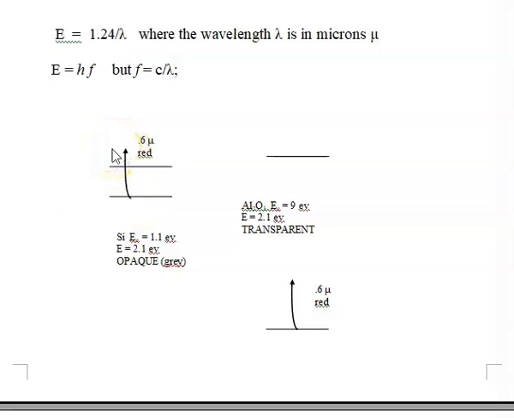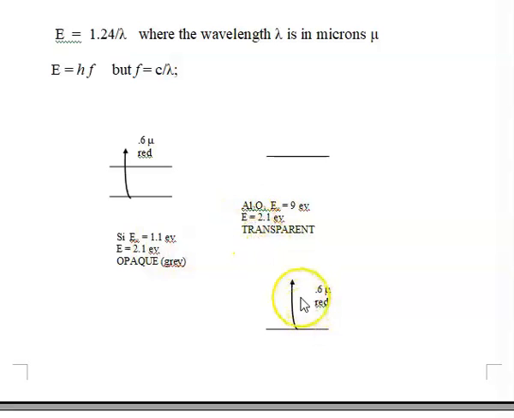So the photon is absorbed by the silicon, and therefore it doesn't get through. It's stopped. Therefore the silicon is not transparent. It appears grayish in color. That's also true for gallium arsenide, which has a band gap of about 1.43, and a number of other important semiconductor materials.